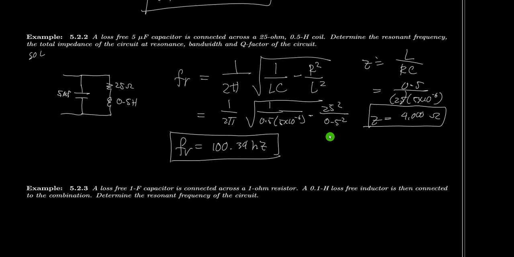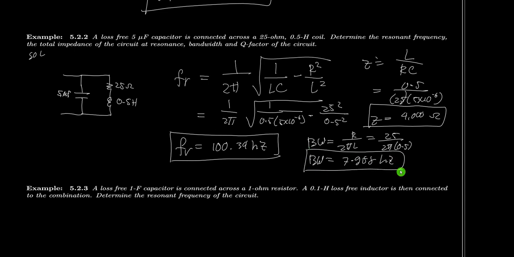So R over 2 pi L. That will be the formula for the bandwidth. R is 25 all over 2 pi times the inductance, which is equal to 0.5. And the bandwidth now will be equal to around 7.958 hertz in terms of the frequency.